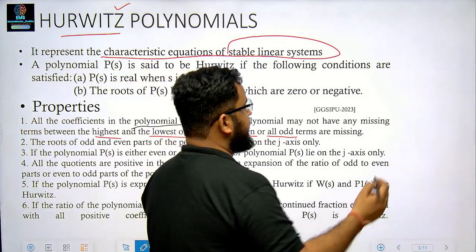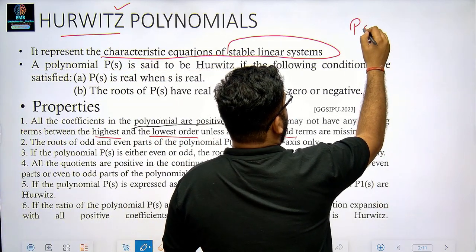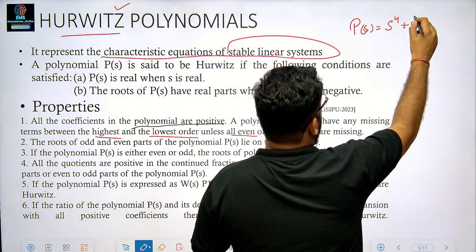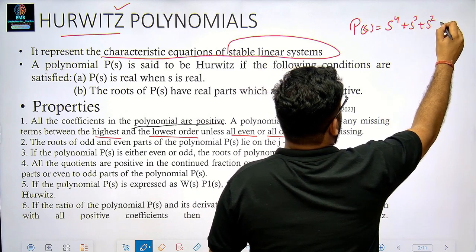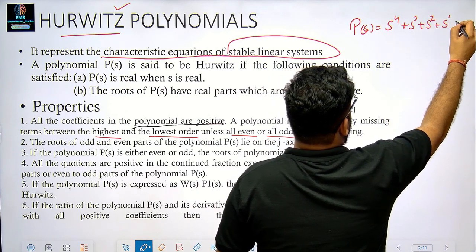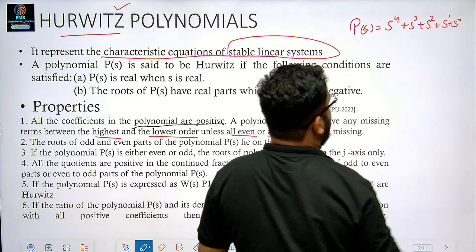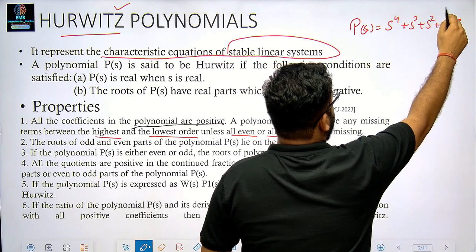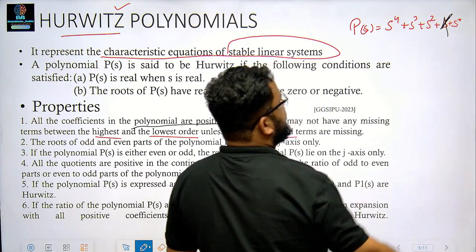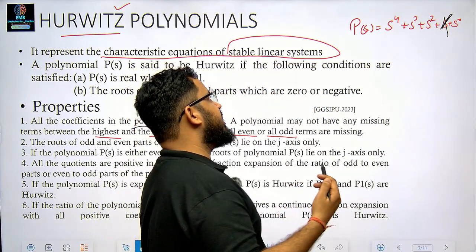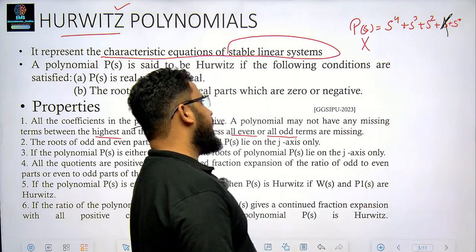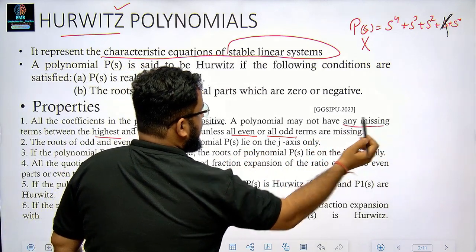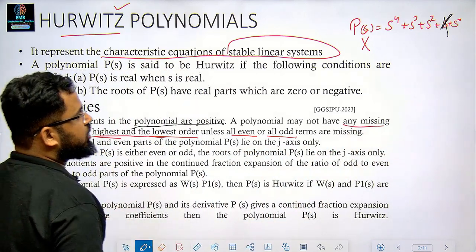Let us say we have P(S), a Hurwitz polynomial, with S4, S3, S2, S1, and S0. These are the powers of the polynomial. If this S1 term does not exist, then we can straight away say that P(S) is not a Hurwitz polynomial because there is a term missing between the highest and the lowest order.